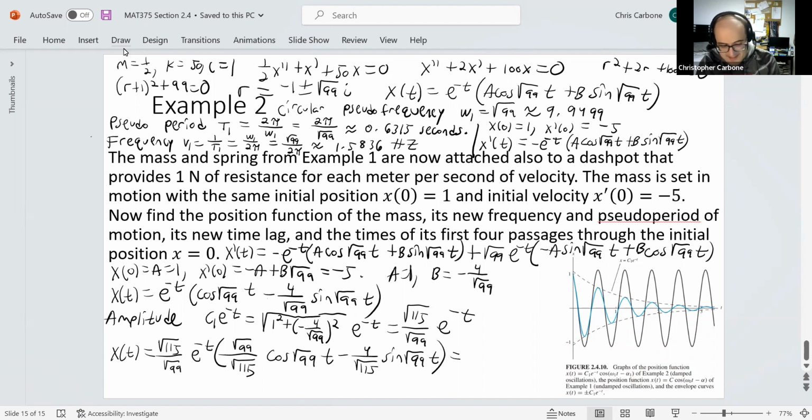And that makes the square root of 115 over 99 times e to the negative t times the cosine of the square root of 99t minus alpha sub 1.